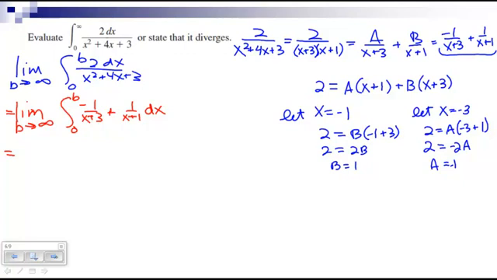Now do we evaluate? What do you mean by evaluate? Like evaluate the limit, or we're talking about evaluating the antiderivative? Yeah. Okay, I like the idea of the antiderivative.